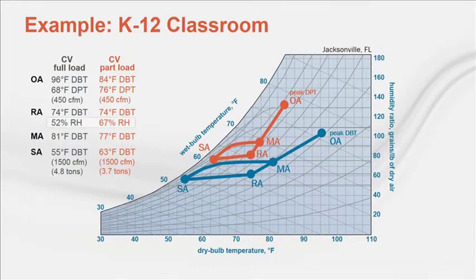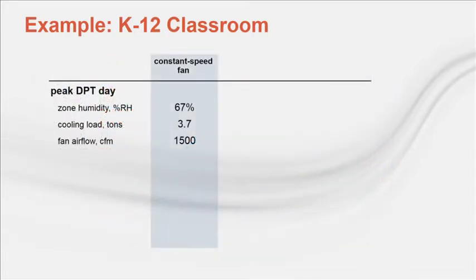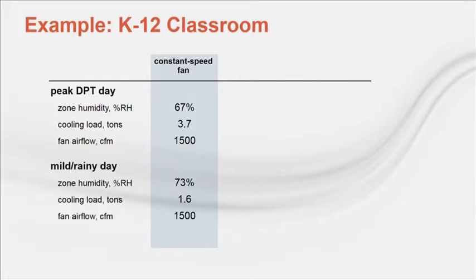At this example part load condition, the resulting zone relative humidity rises to 67%. To underscore the severity of this concern, let's introduce another challenging part load condition, a mild rainy day. Because of these moist outside air conditions, the constant volume fan system brings humidity into the space and results in an even higher humidity, 73%.